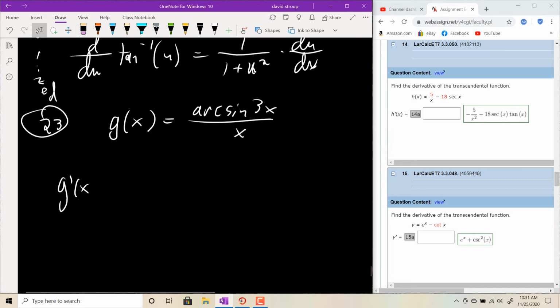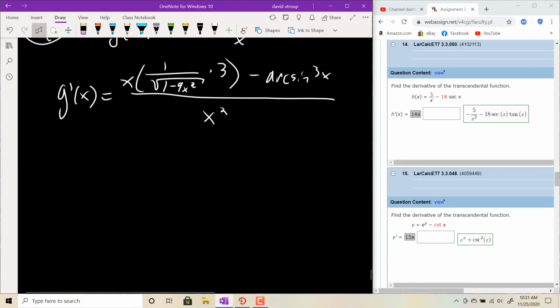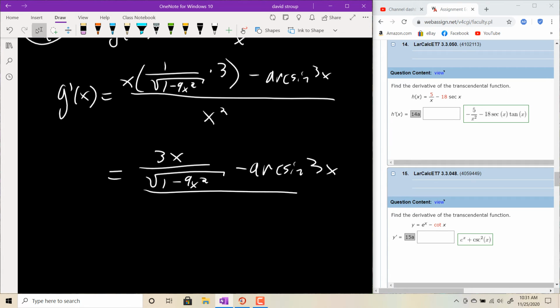So g prime of x is going to be low times the derivative of the high, which will be 1 all over the square root of 1 minus 9x squared times the derivative of 3x, which is 3, minus, so that's low d high minus high d low, arc sine of 3x times 1, all over the low squared. And for this problem, I think they'll just let you kind of write it with a complex fraction. So 3x all over 1 minus 9x squared minus arc sine of 3x all over x squared.